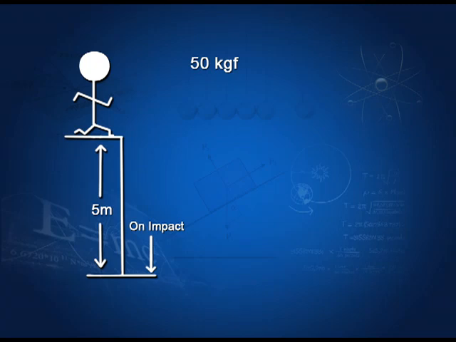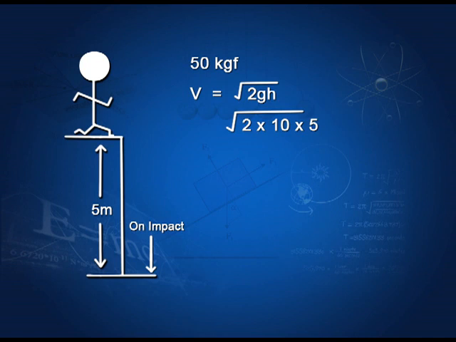So, 50 kgf would be his weight, and let us calculate his strike velocity on the ground. V would be equal to root of 2gh, and if we substitute g as 10 meters per second square, with 10 and 5 here, this gives us 10 meters per second.